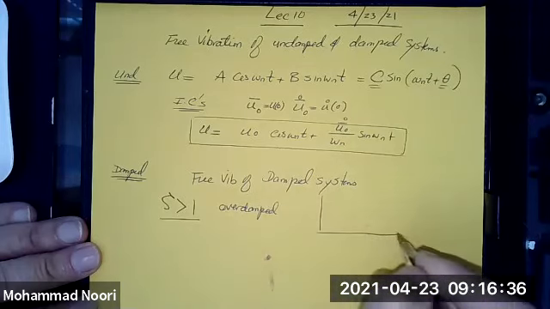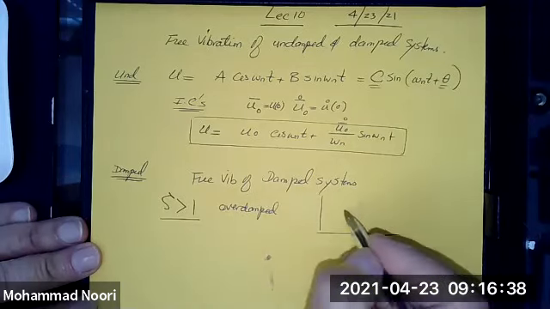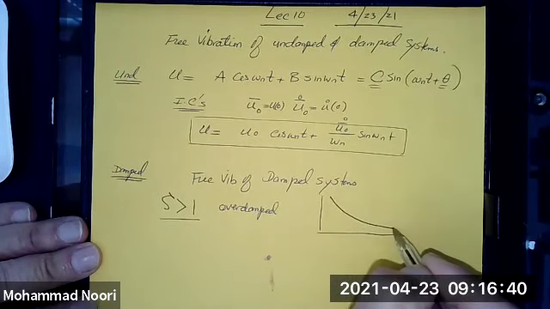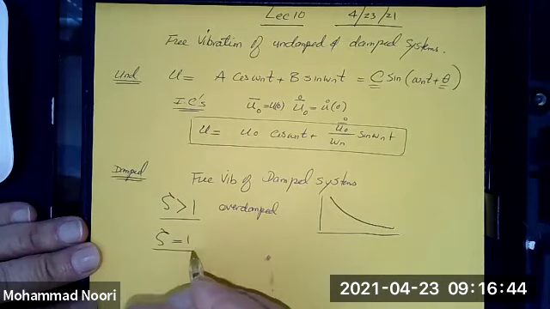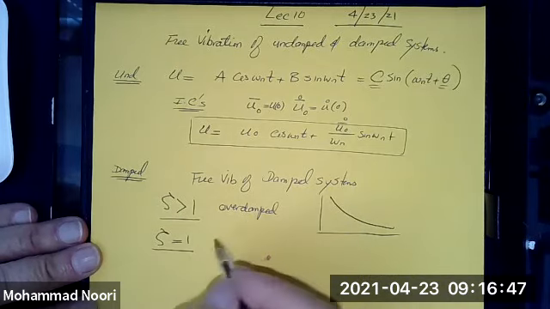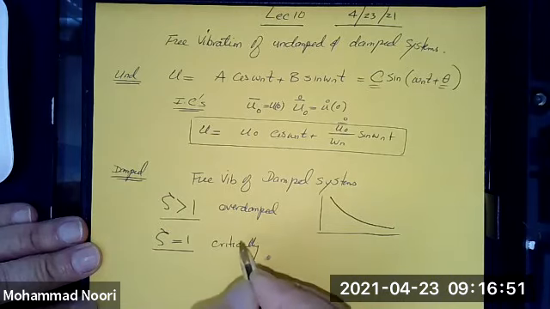In that case, the response was an exponentially decaying function. Or damping ratio equal to 1, which we call a critically damped system.